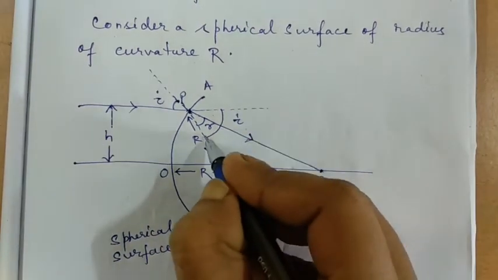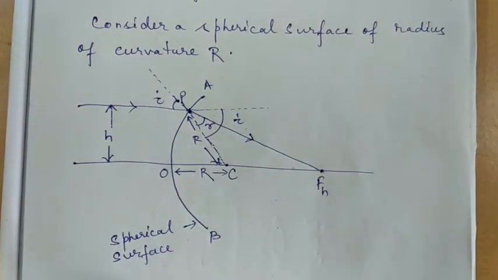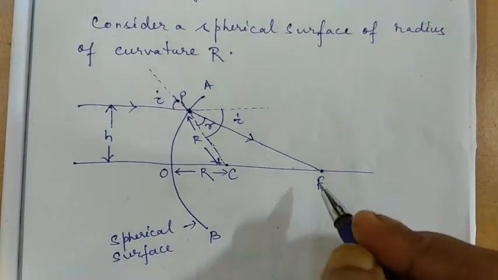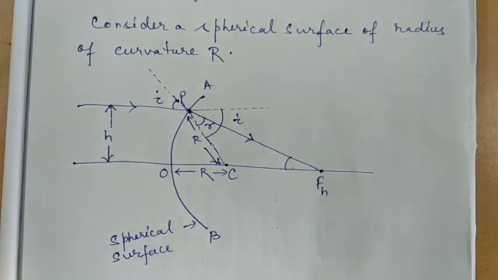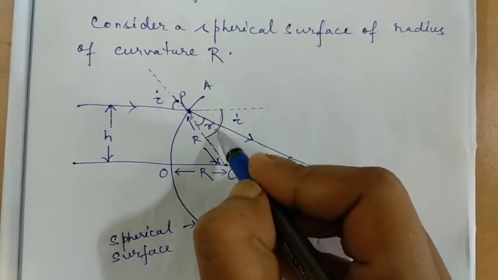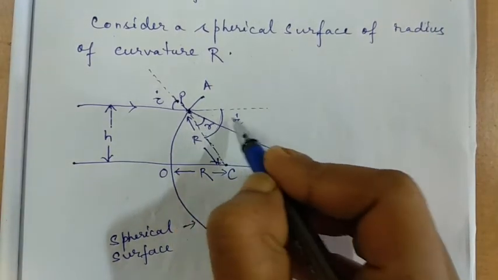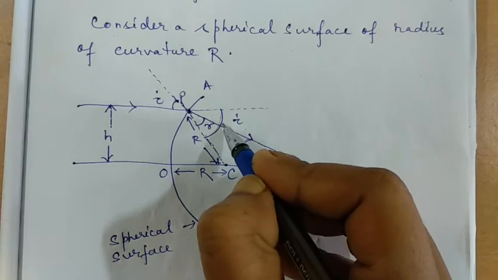So this is complete angle I. Then how much will this angle be? You can say that this is complete I and this is R, so then this angle will be I minus R.